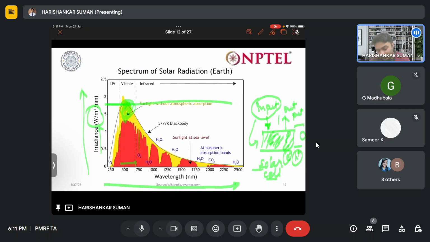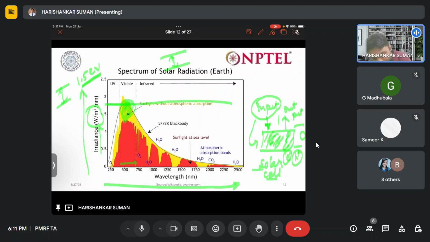So any material, if I have a semiconductor with band gap, let me say 1.5 electron volt. So what is the wavelength according to this energy? Let me ask a simple question.